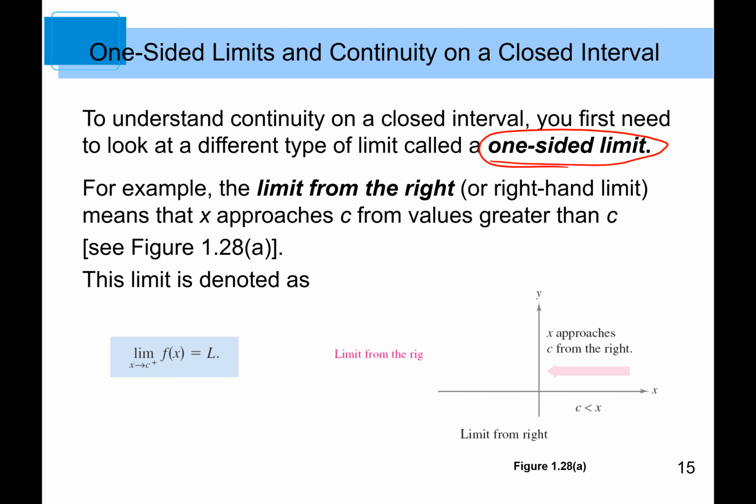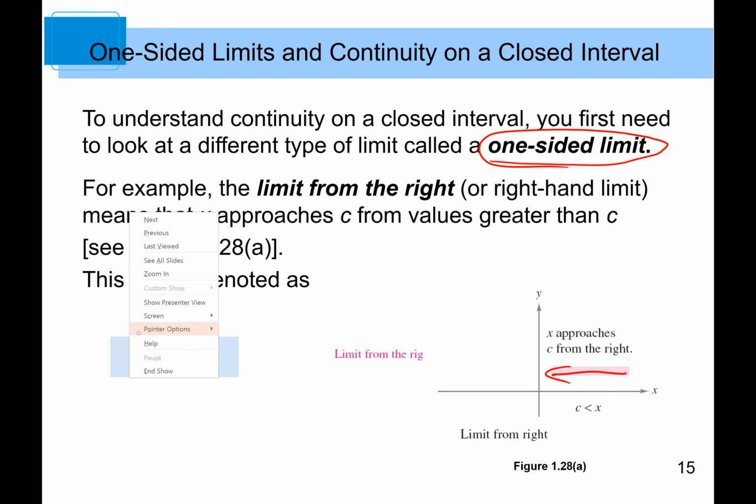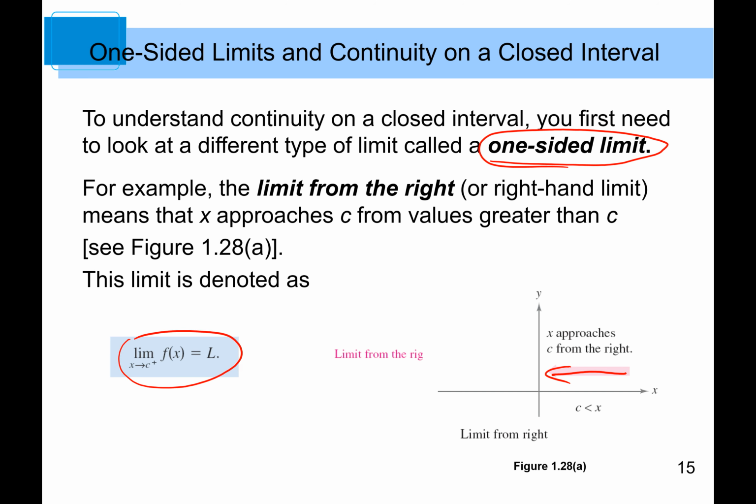So limit from the right means that x approaches c from the right side, right? Going this way. So the limit is denoted as limit x approaches c plus. Plus means right side. C plus means right side of c.